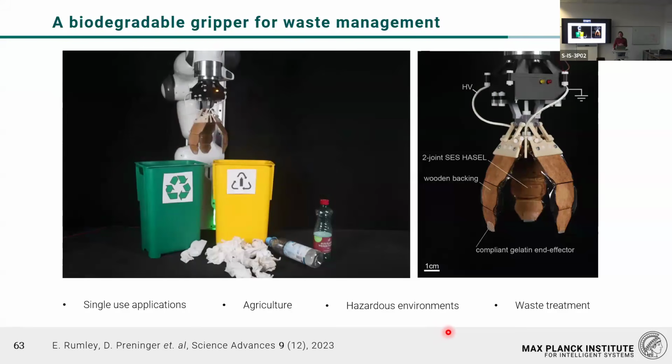At the end, you can throw the ant-factor into one of those bins and it will be fine. It's a very interesting concept. It's impossible to do with our current robotic technology, but maybe something in future that we can look into.